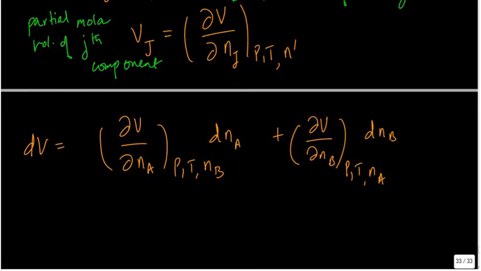So the change in volume times the number of moles, that is the change in volume with respect to the number of moles. These equations are somewhat analogous to what you've seen earlier when we defined dU, dH, dG, dA, everything. And you see that these are at constant pressure and temperature.